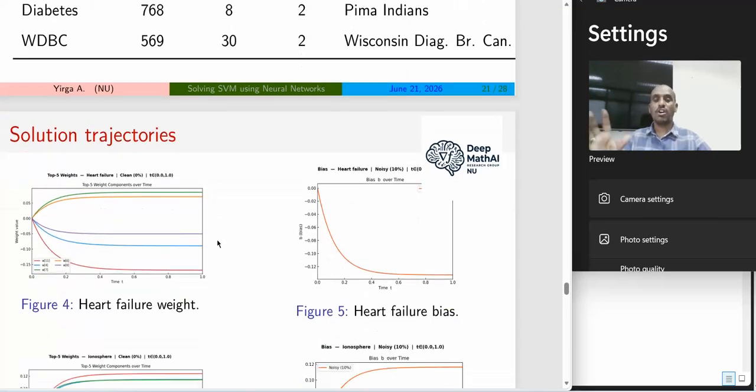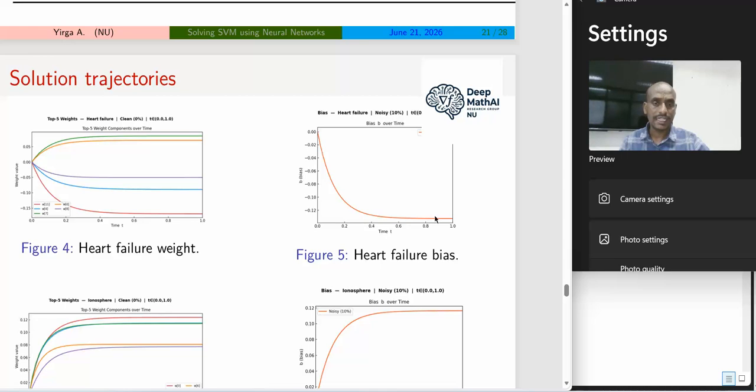But for the attractiveness of the visualization, we set it to show the first 5 features. This is the bias visualization. If you see the graphs or the trajectories, they become stable at some point. They converge to the equilibrium point.